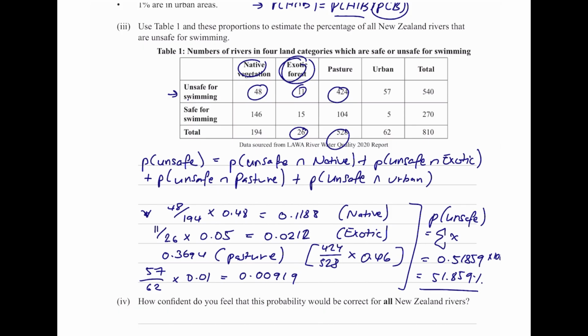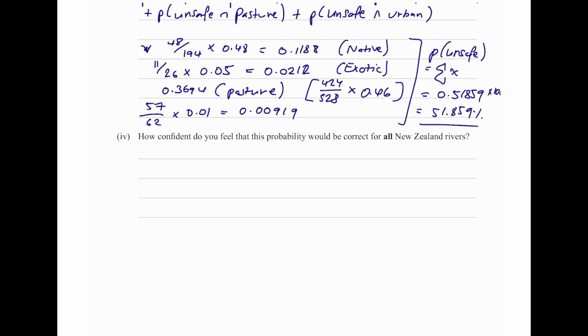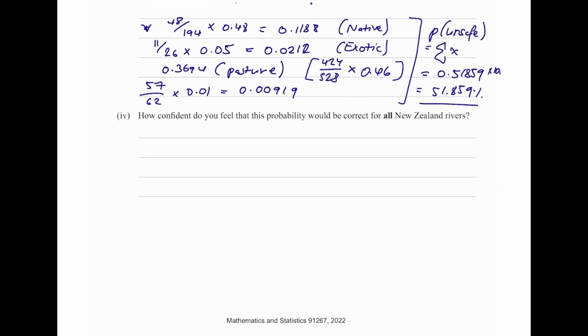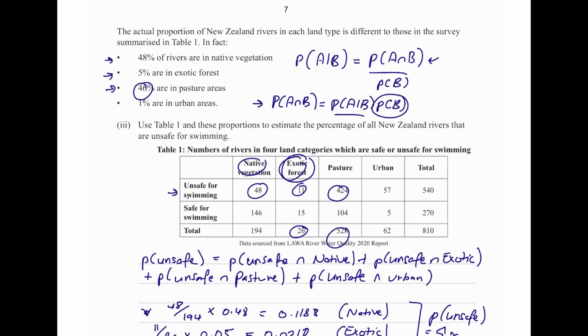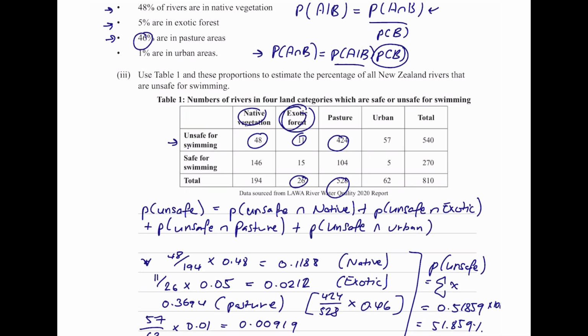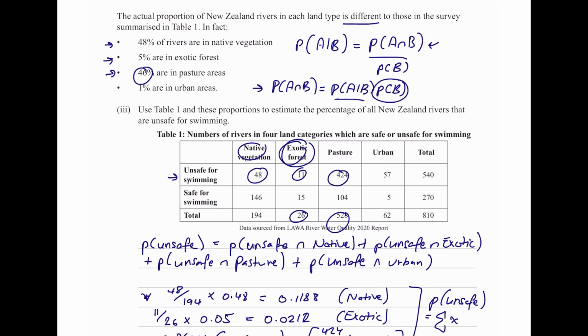Okay. Part IV, how confident do you feel that this probability would be correct for all New Zealanders? Now, I think I said at the beginning that this is for each land type from the survey, right? So this is different from those in the survey.